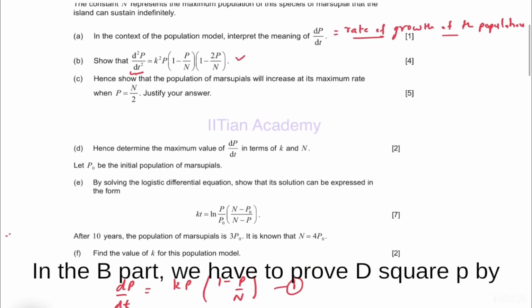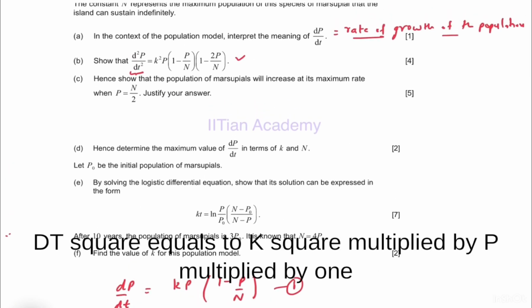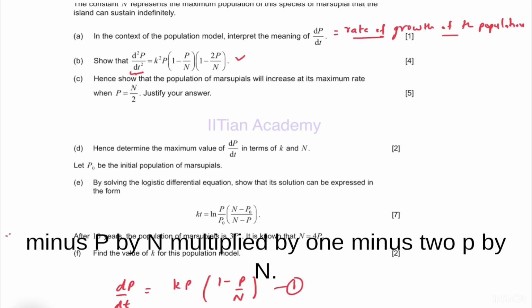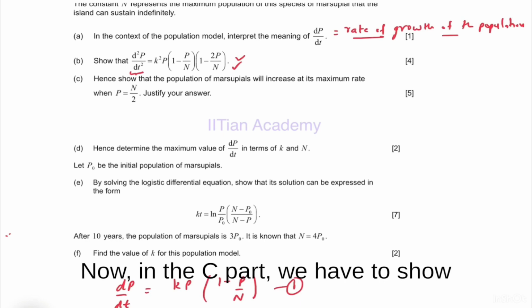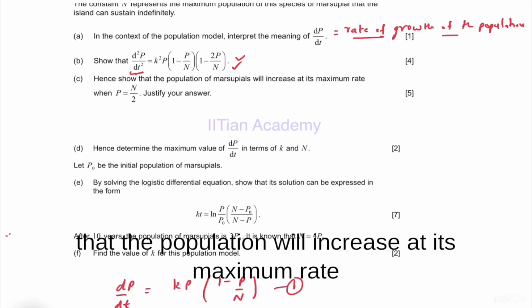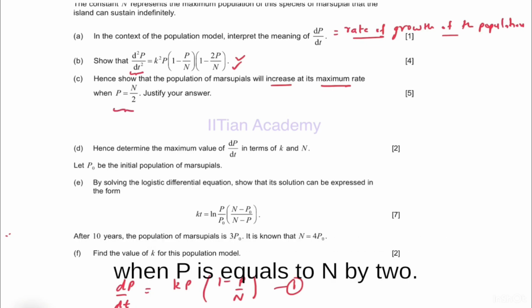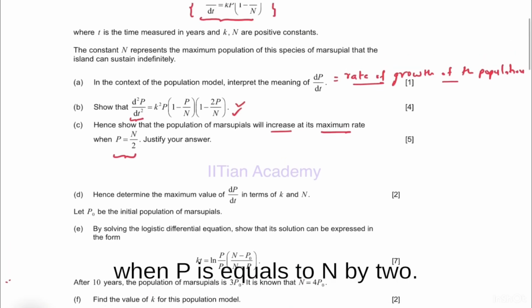In the B part, we have to prove d square P by dt square equals K square multiplied by P multiplied by 1 minus P by N multiplied by 1 minus 2P by N. Now in the C part, we have to show that the population will increase at its maximum rate when P is equal to N by 2.